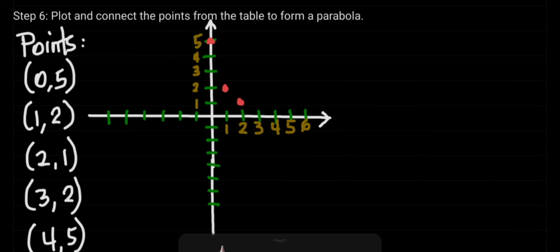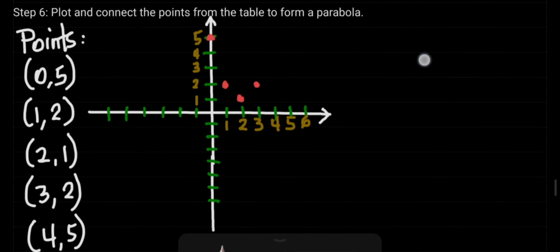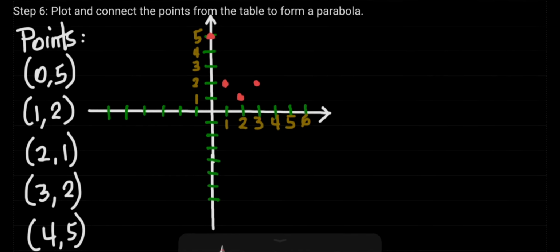Then (3, 2): 3 to the right and 2 up. So this is the point. And then (4, 5): 4 to the right and 5 up.